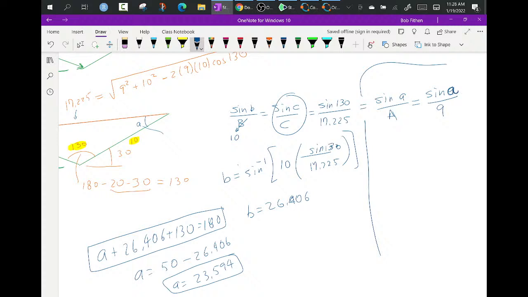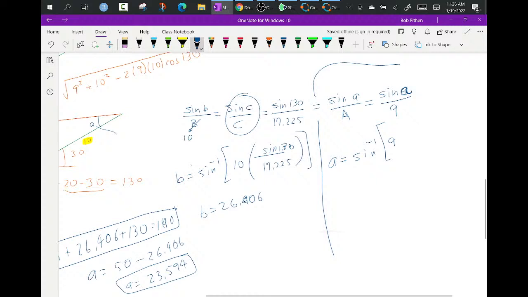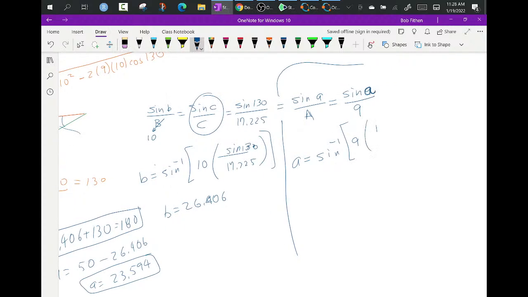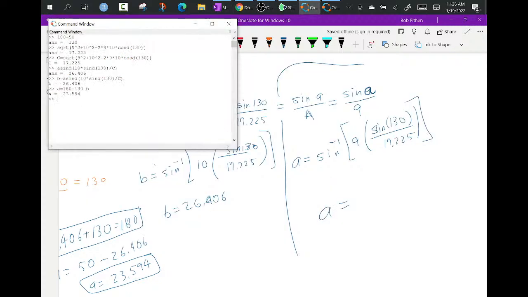That is a 9. So this means A would be equal to the sine inverse of 9 times sine of 130 over 17.225, or in fact A would be equal to, let's head back over.